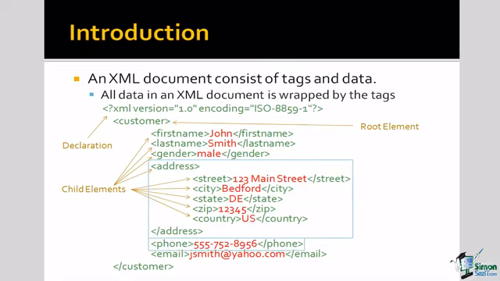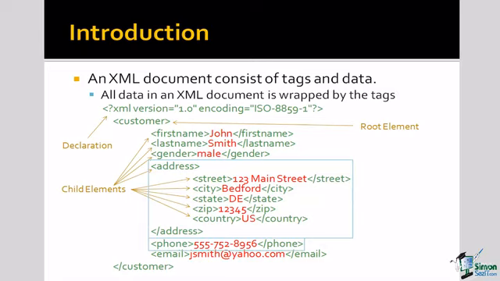The first name tag, last name, the gender. The data contained within the tag for this example is highlighted with a red font. A consumer of this data would use the tag first name in order to be able to read the data for the first name associated with this customer.